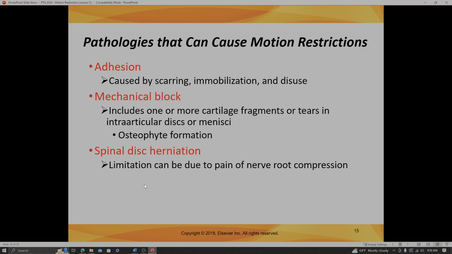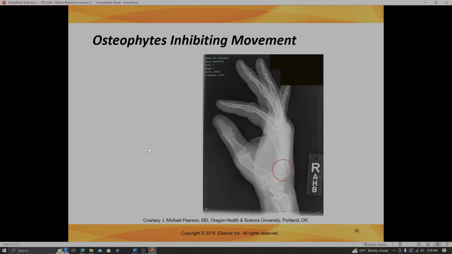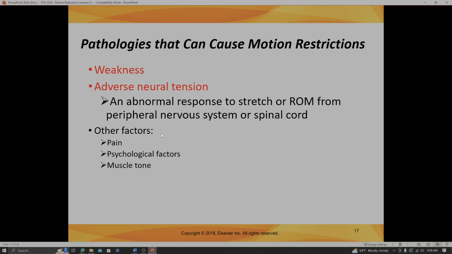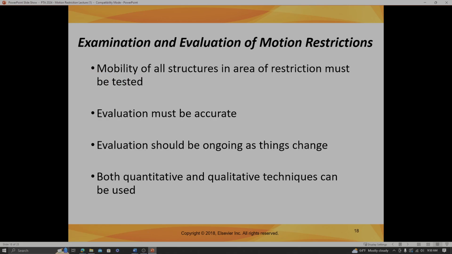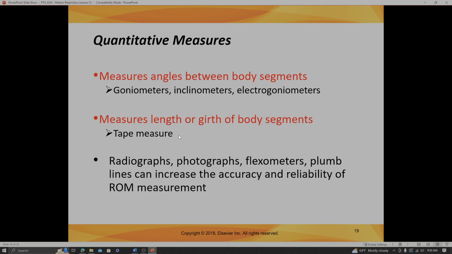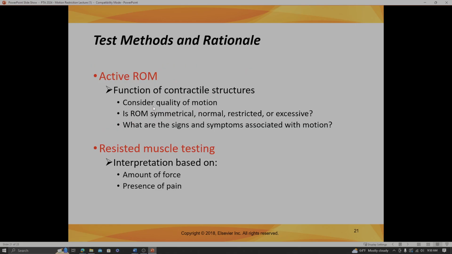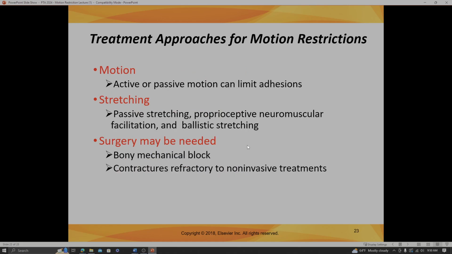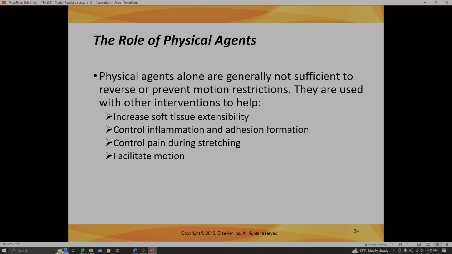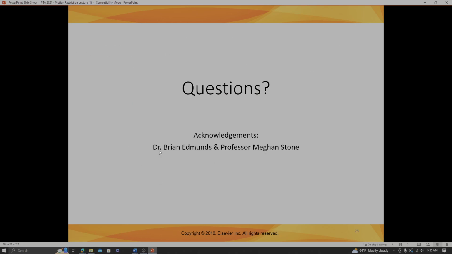What are the things I could be talking about? Just the certain pathologies, just a general understanding of those pathologies, when you might see one in contractile tissue versus one in non-contractile tissue. The importance of evaluation, differences between quantitative and qualitative measures we use for range of motion restriction, how we can test for it, how we treat it, how physical agents can impact it.